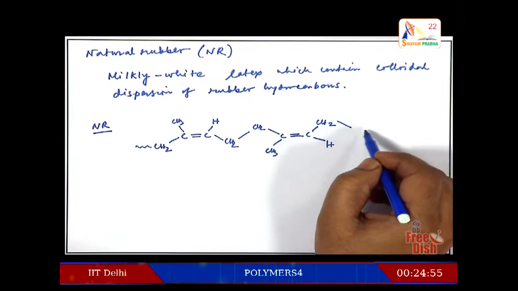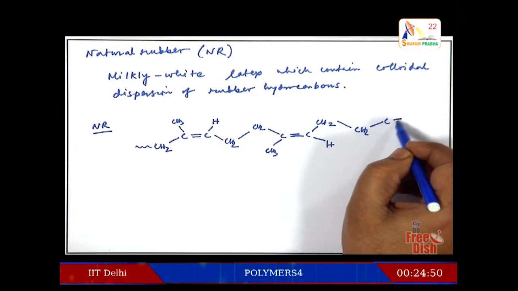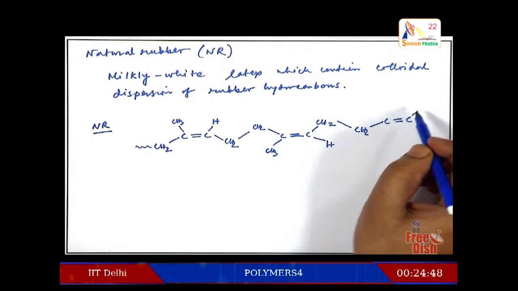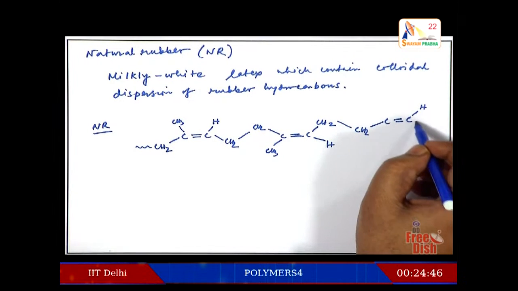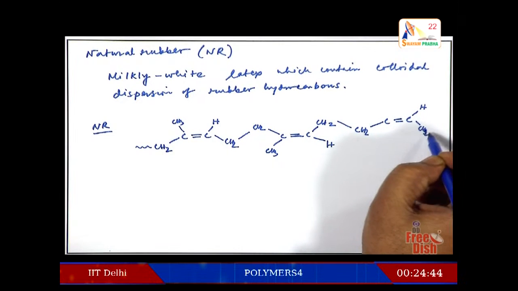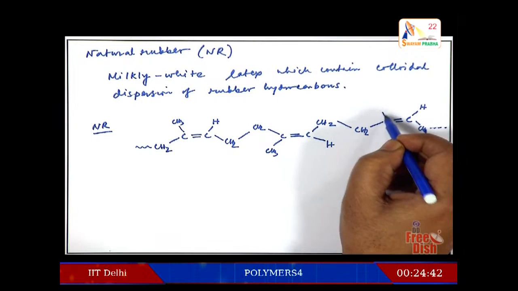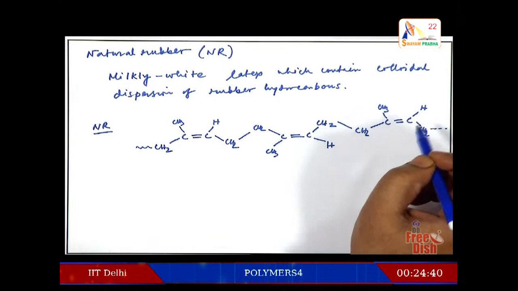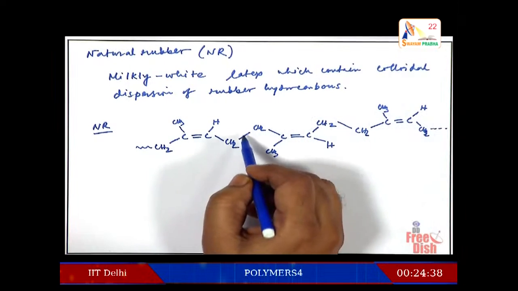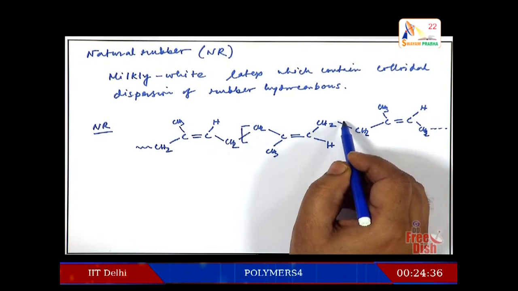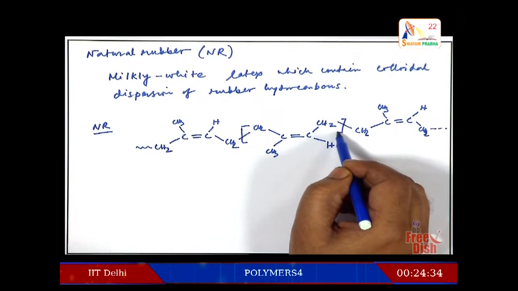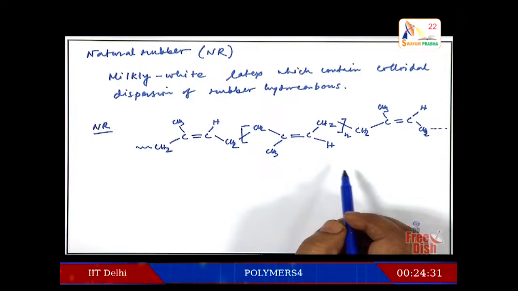Obviously, we got the polymer; it is not that we had synthesized the polymer in the lab or plant. The polymer was obtained, and then the structure was analyzed, and it was found like this. So, you can consider this the repeating unit of the polymer.